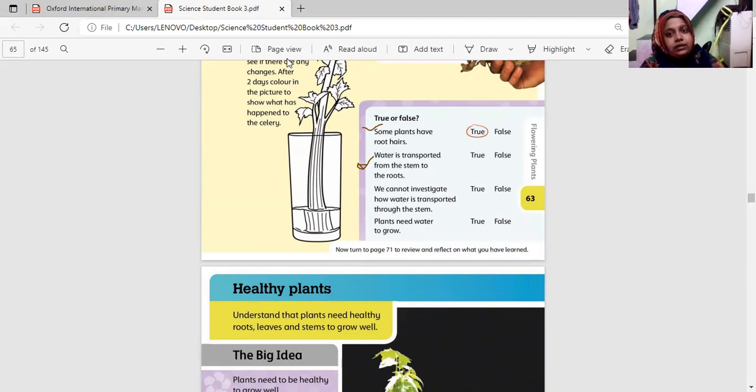Let me just pick the right answer and then we'll move ahead. So here the answer is false. We cannot investigate how water is transported through the stem. Again, this is false because we've already done an experiment on it. Plants need water to grow, and the answer is true.